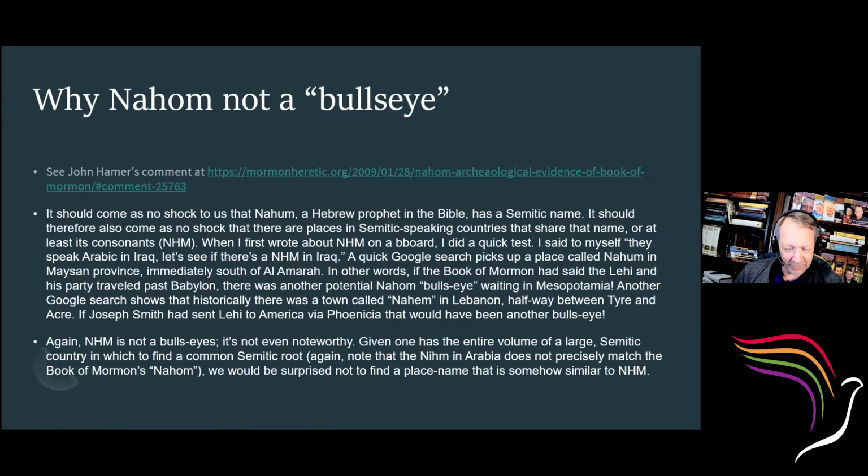John Hamer left a comment and said it should come as no surprise to us that Nahum, which is spelled with a U instead of an O, a Hebrew prophet in the Bible, has a Semitic name. It should therefore come as no shock that there are places in Semitic-speaking countries that share that name, or at least the consonants NHM. Of course, Hebrew a lot of times leaves out the vowels.